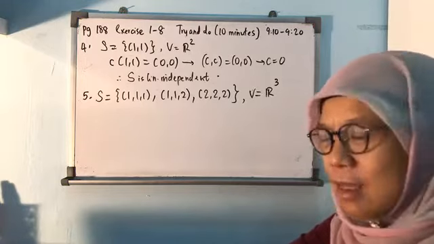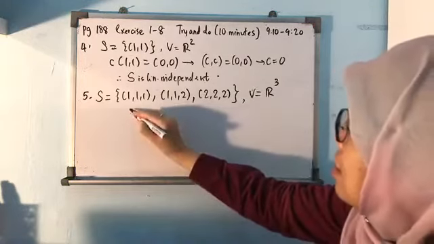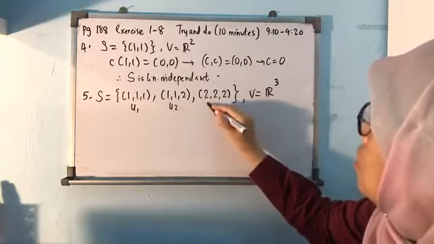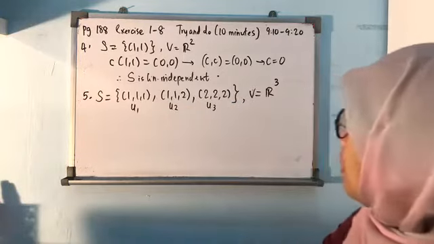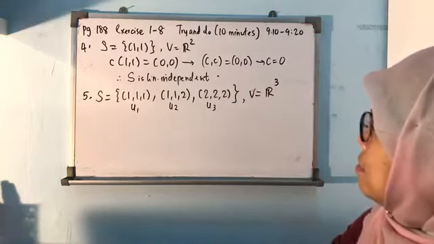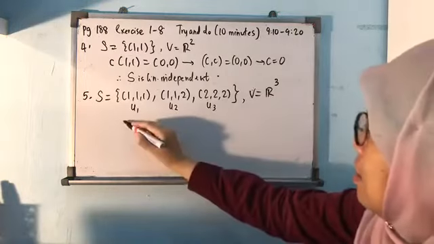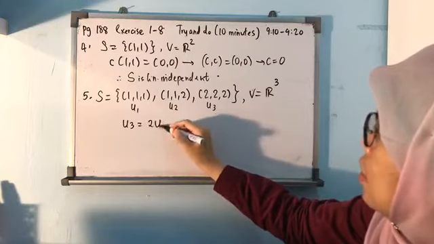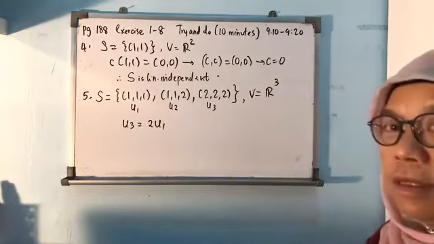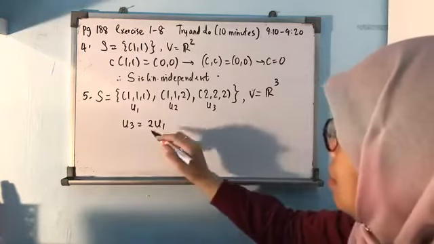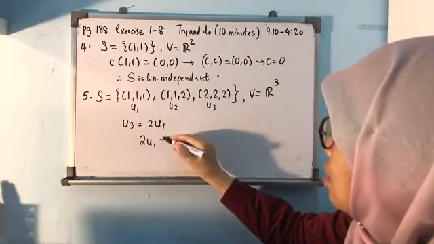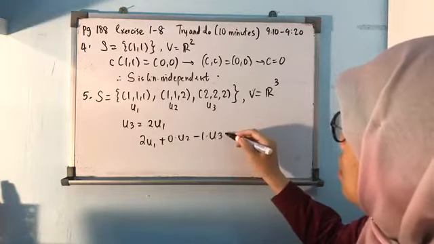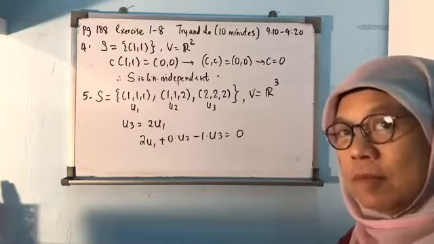Okay, shortcut. You see that, let's say they are U1, U2, U3. I can see that U3 is 2 U1. So I rewrite, I will get 2 U1 plus 0 U2 minus 1 U3 equals 0.